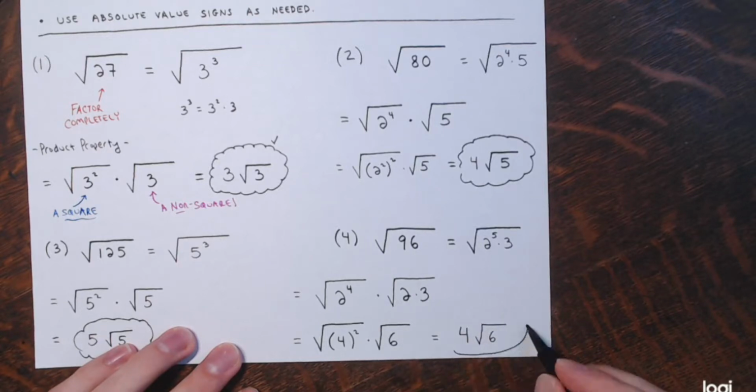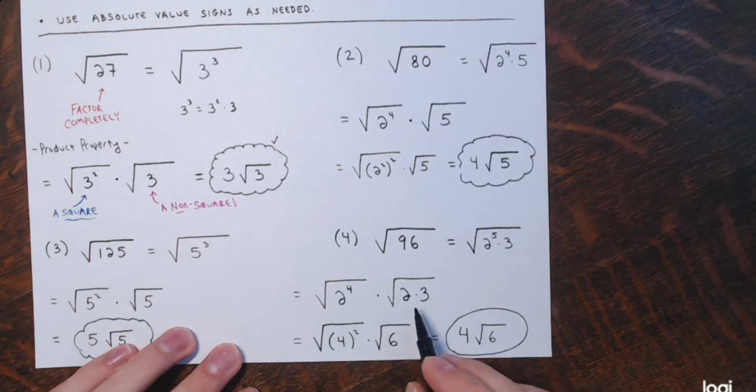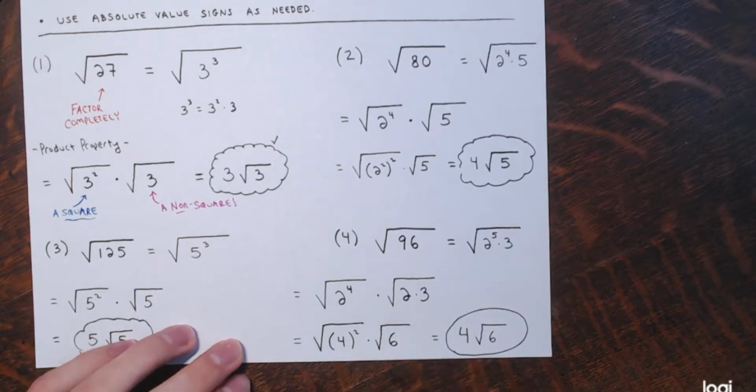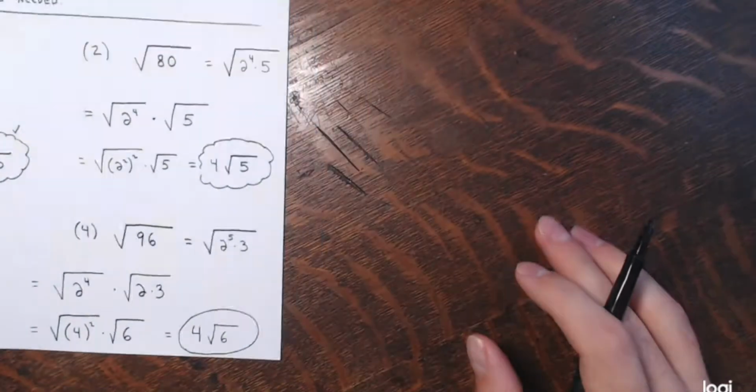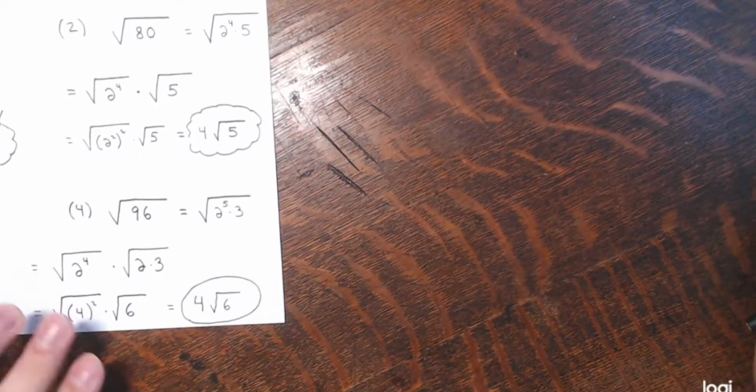All right, and this is as simple as it gets, once again, because 6 doesn't have any perfect square factors, other than 1, just 2 and 3. All right, once again, I'll bring up a calculator. Let's test this out.